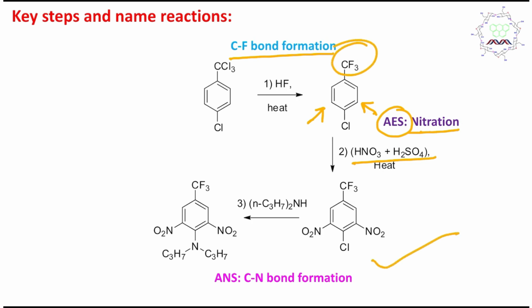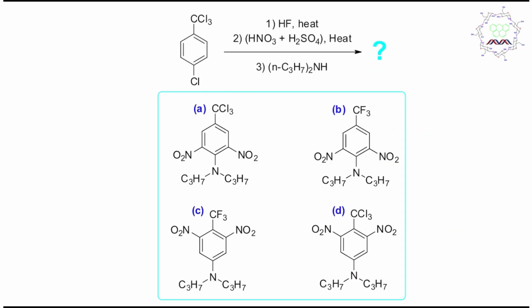Third step is aromatic nucleophilic substitution, and in both cases, aromatic electrophilic and nucleophilic, carbon-nitrogen bond formation happens. So what is the answer of today's discussion? The chlorine is replaced by this amine and this CCl3 is converted to CF3.